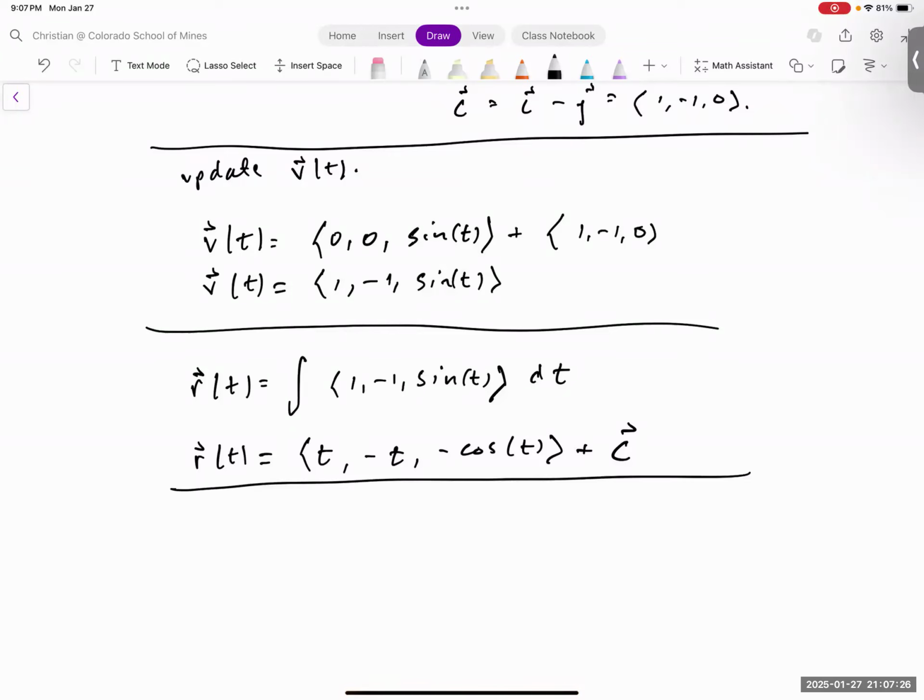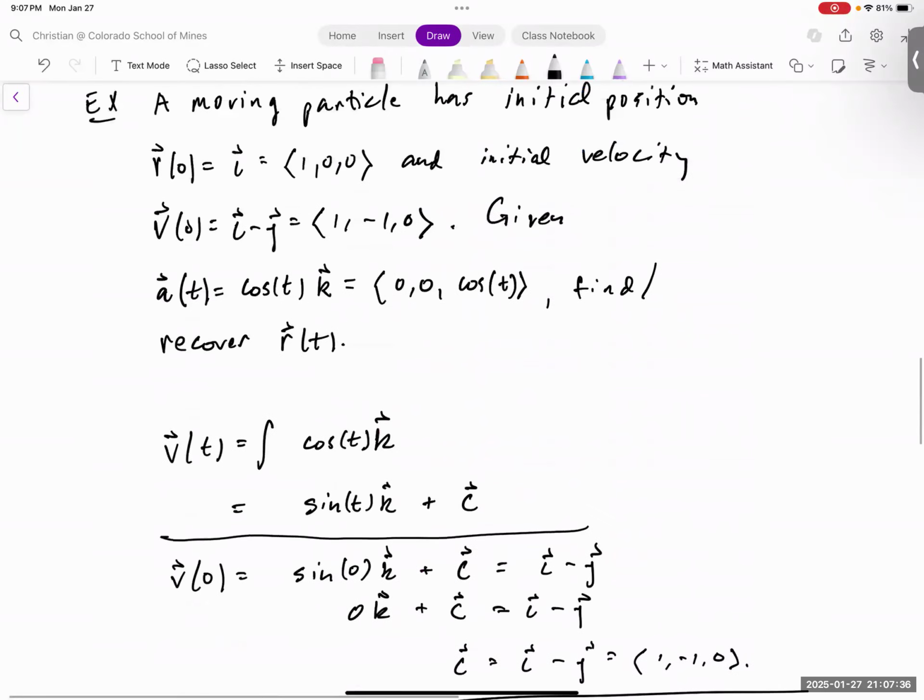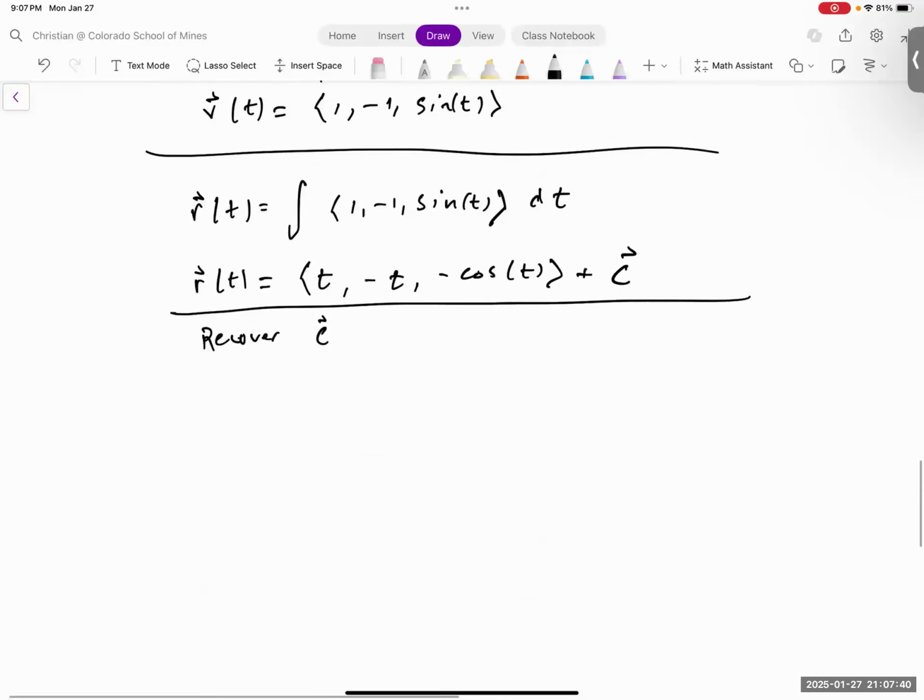Now let's recover the constant with our initial condition. R of 0 was 1, 0, 0.